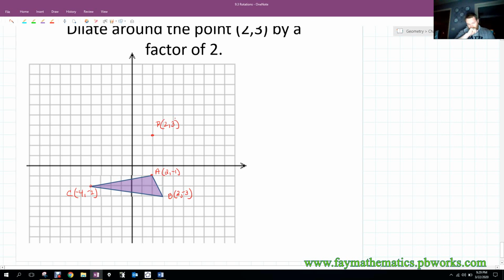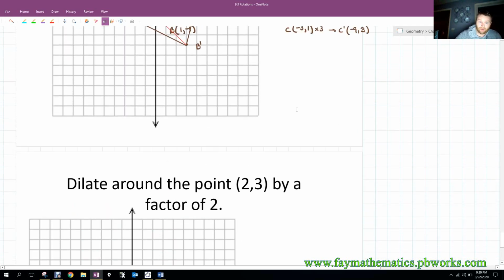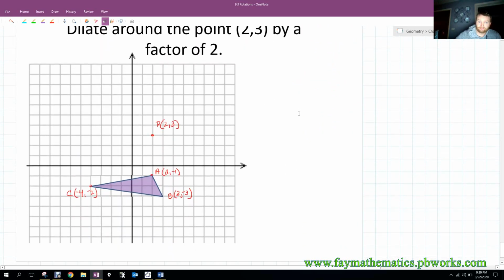Now that's kind of like what we did with rotations. Our dilation factor of 2 is only true and only used, we can only multiply the ordered pairs, if we're doing this around the origin. Well, this is not the origin. So what we did up here for this problem does not work for this problem.